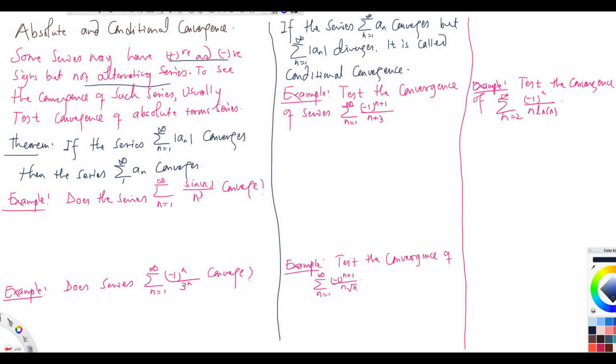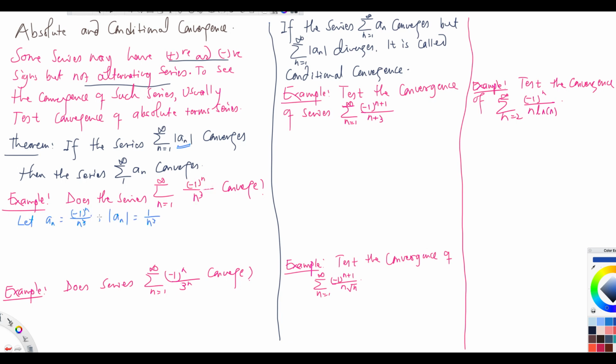Here is a theorem: if the series of absolute values of a_n converges, then the series without absolute values also converges, because this is the bigger series. If the bigger series converges, the smaller series definitely converges. Let us see an example.